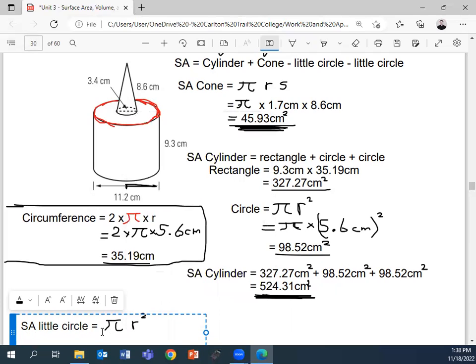You're right. I found the area of the cone, but now I need to take away just this one part of it. I need to find just the area of this circle. So it's pi times 1.7 centimeters times 1.7 centimeters.